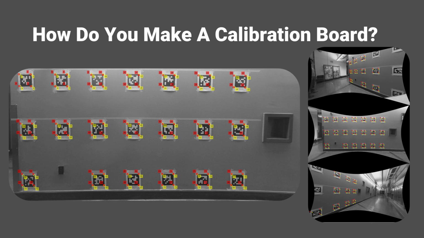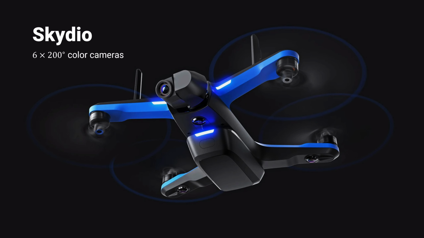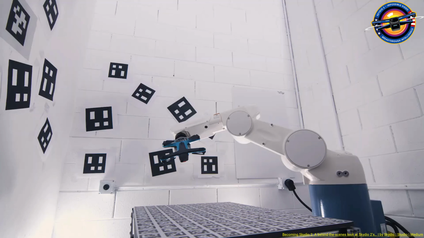A similar thing has been done on robotics platforms like the Skydio drone. Basically, it has 6 200-degree color cameras, and they have limited common field of view. So what they do is they have an automatic procedure where they mount this on a robotic arm and they move this around in a checkerboard pattern like the AprilTag-like pattern we saw before.